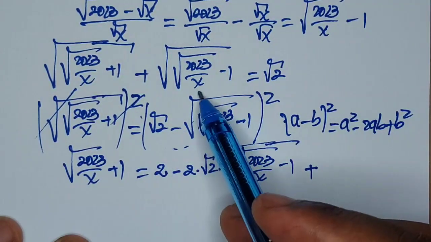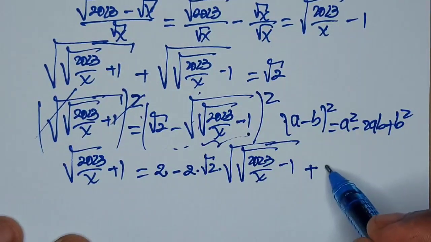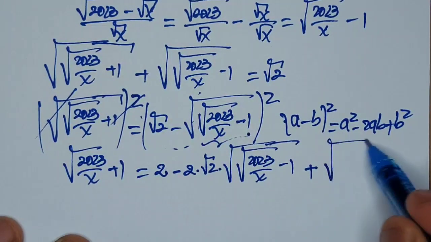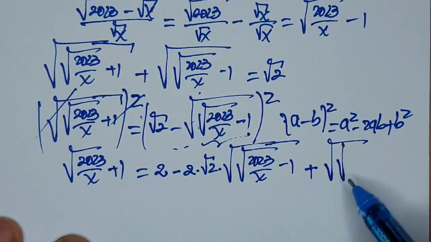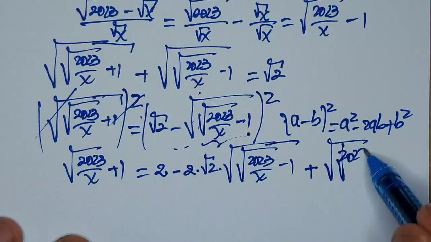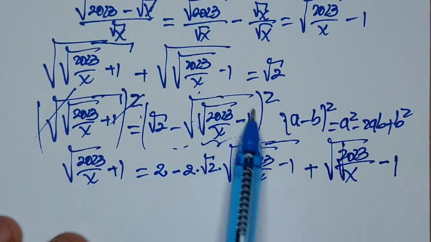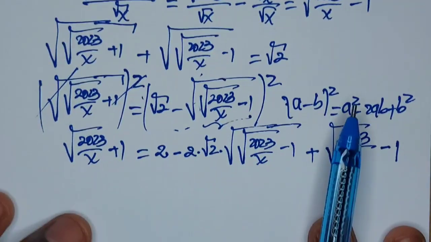We will cancel this square, right? So we would be left with only this inside, square root of 2023 over x minus 1, which is this term inside of this square, right?